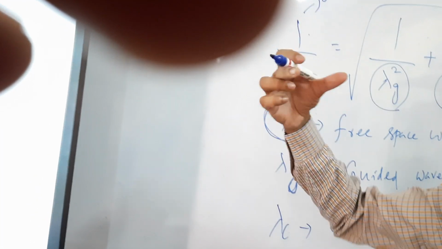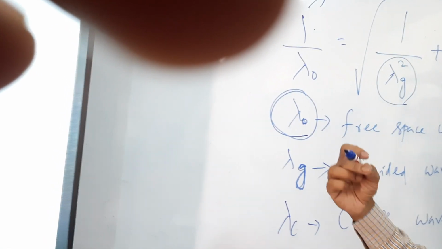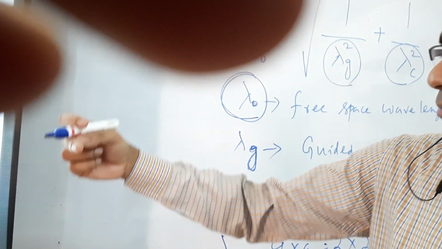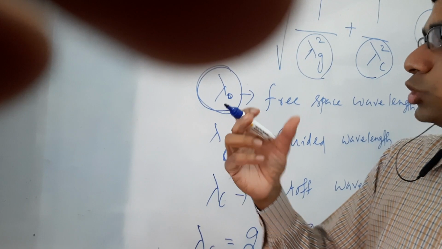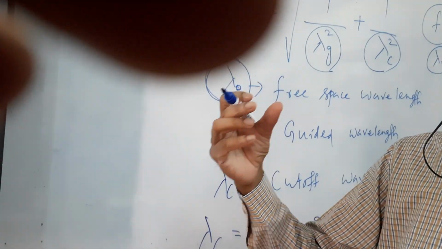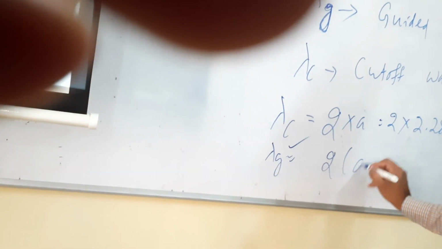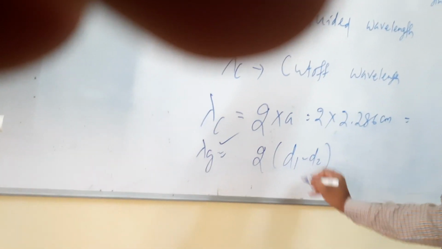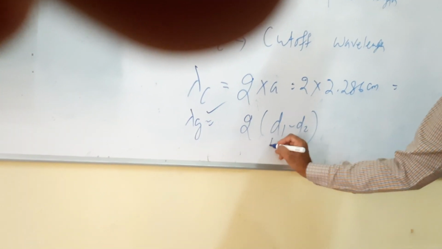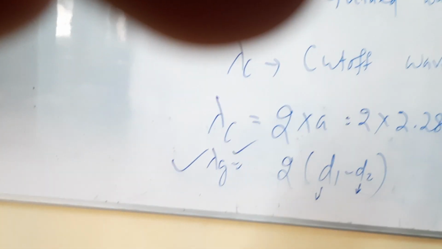So the distance between two successive maxima, or two successive minima, is called lambda g. So lambda g equals 2 into d1 minus d2. d1 is the position of the first maximum, d2 is the position of the second maximum. So you can calculate lambda g from the microwave test bench.